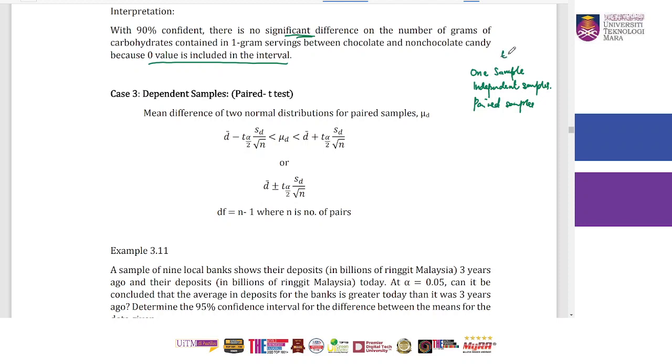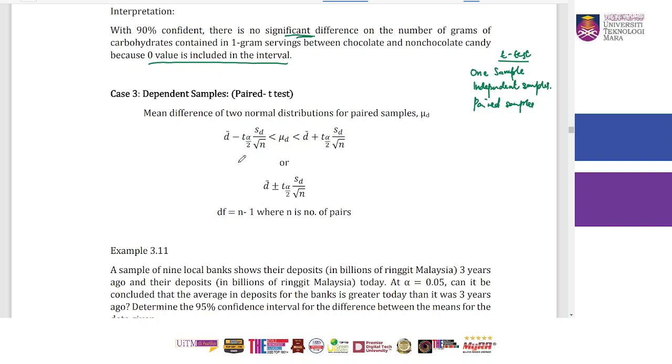Okay, so this is the t-test yang kita bincangkan dalam kita punya syllabus. Alright. So the next one, the last one under this topic will be the dependent sample, meaning to say that the sample come or the score come from the same population ataupun from the same object.